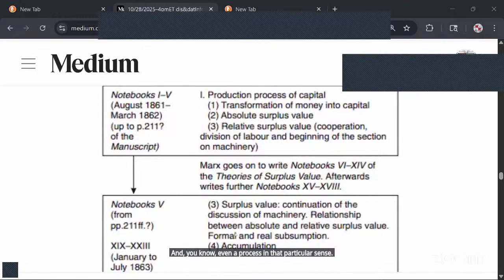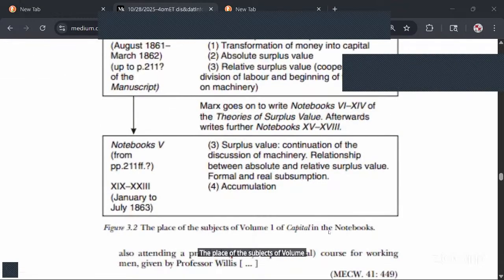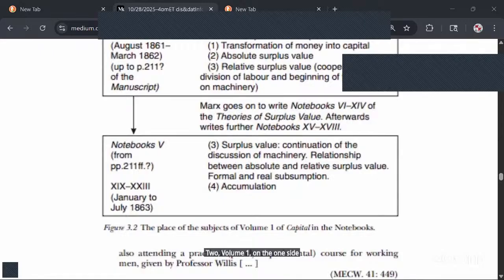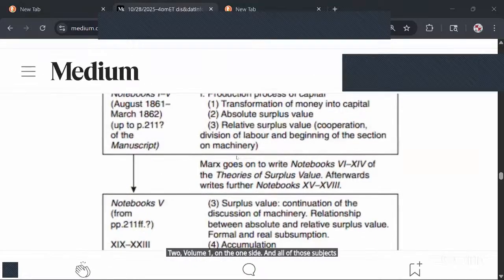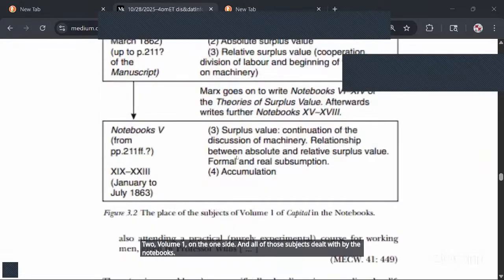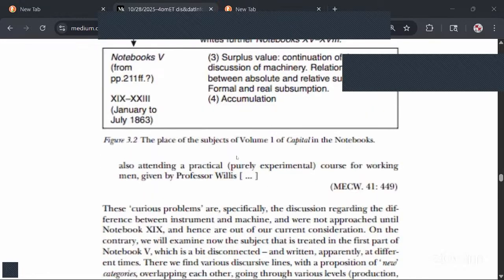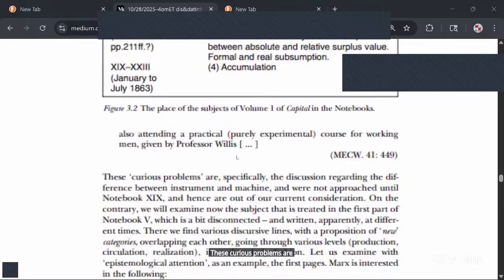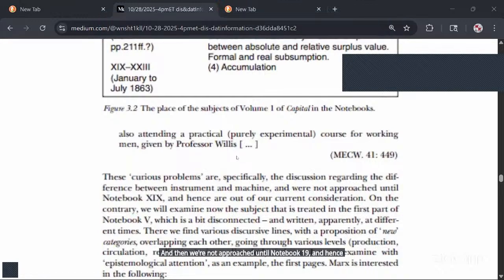The place of the subjects of volume 1 of Capital in the notebook. So we see the relation to volume 1 on the one side, and all of those subjects dealt with by the notebooks. These curious problems are specifically related to the discussion regarding the difference between instrument and machine. And those are not approached until notebook 19, and hence are out of our current consideration.